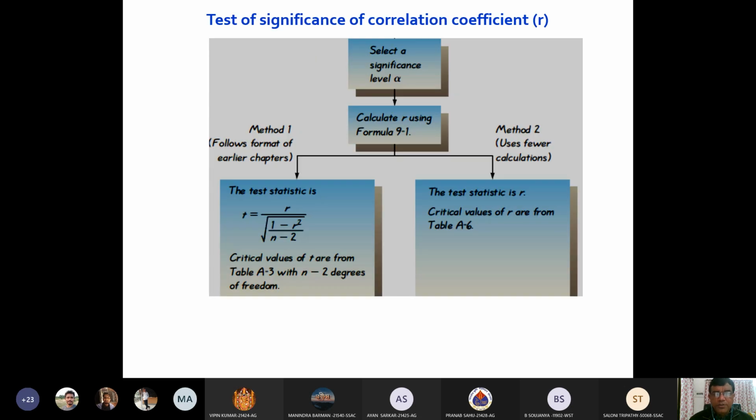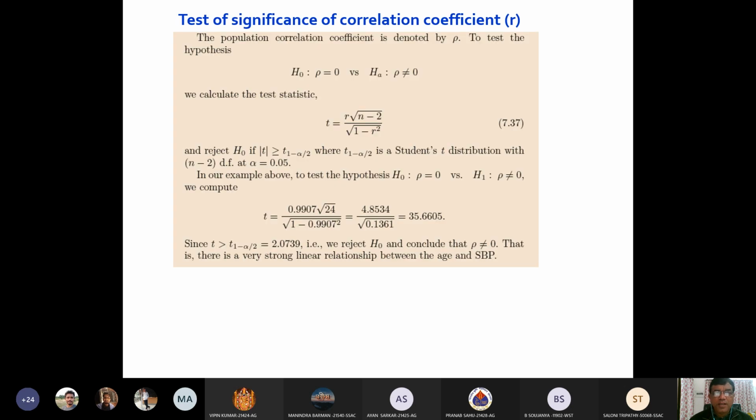Now suppose you have calculated the correlation coefficient and you want to see its significance. How can we see its significance? By two methods. One is by calculating the value of t, or the other is simply comparing with the r tables. R tables means coefficient of correlation tables are available, which were developed by R.A. Fisher. You can see how the t value is calculated: t = r times the square root of n minus 2, divided by the square root of 1 minus r square.